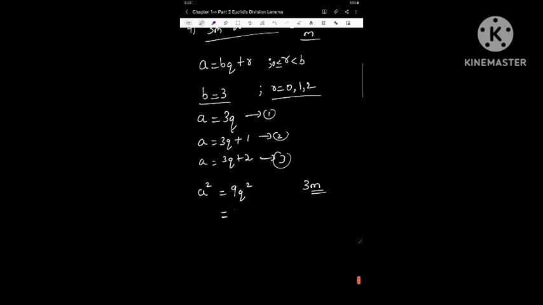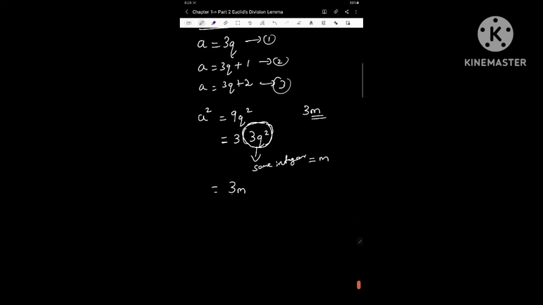So we can write it as 3 into 3q square. See, q can be any value, okay. So whenever you substitute any value for q, you are going to get an integer. So can we just say that this whole thing, this 3q square, will be some integer which we will name as m? So can we just write it as 3m? Yes, of course we can write. So we can say that according to the question, square of any positive integer is of form 3m.